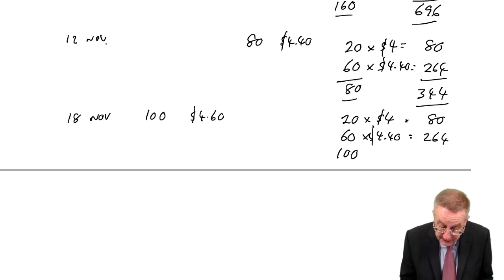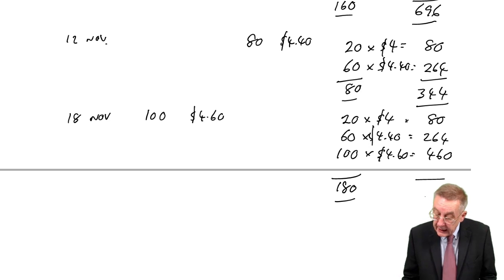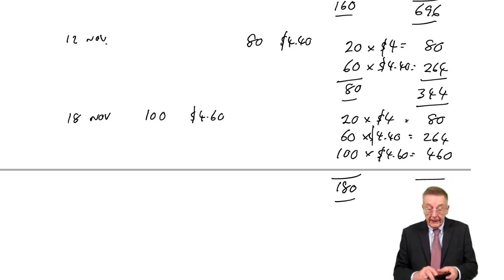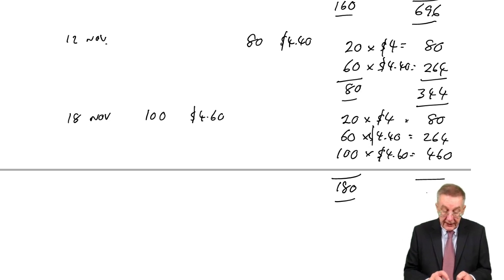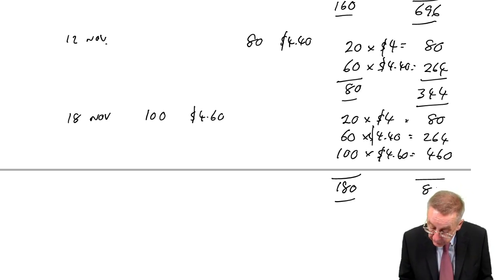We've now got another 100 at $4.60. And so we've now got 180 units. In total, they're valued at 80 plus 264 plus 460, 804.